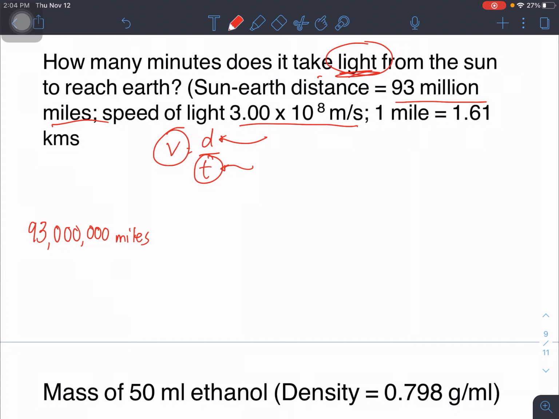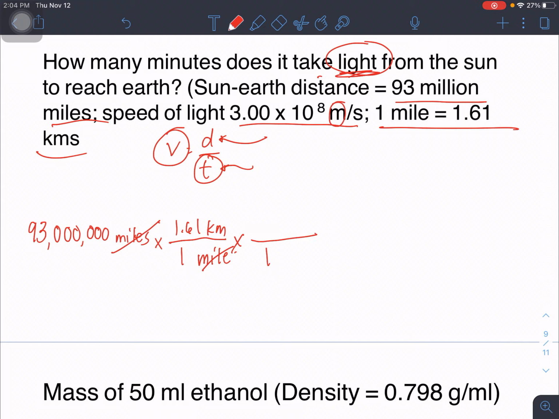Okay, so however the unit is on meter, so we should convert miles to metric. So we have a given unit which is mile, conversion factor, which is mile to kilometer. So I would like to place here kilometer. So this will be 1.61 kilometer. At the bottom will be mile, 1 mile. Okay, so we could cancel these miles out. Okay, so kilometer, this is meter, so we should convert kilometer to meter.